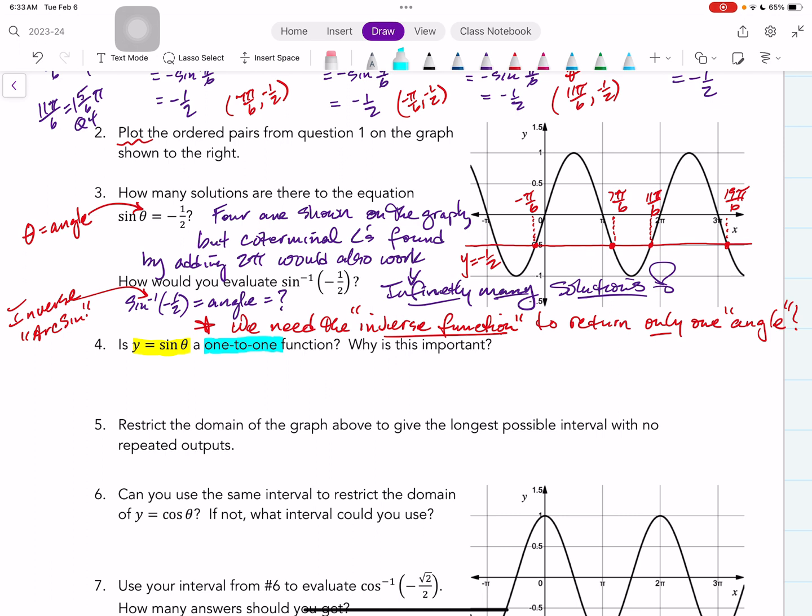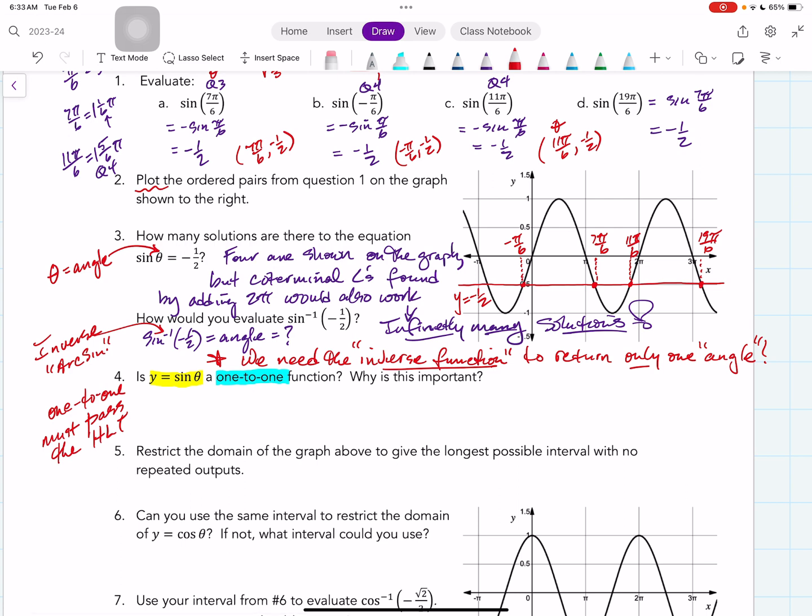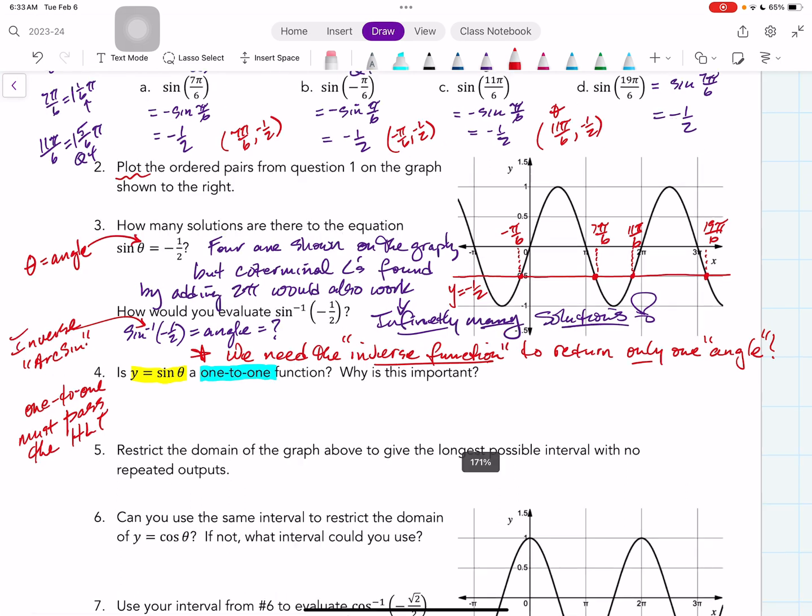So let's put that down. 1 to 1 means that the function must pass the horizontal line test, so that the input of that function gives you only one output, not multiple outputs like we're getting right here. We're getting an infinite number of outputs from the inverse function, which is a problem, as I was saying earlier.